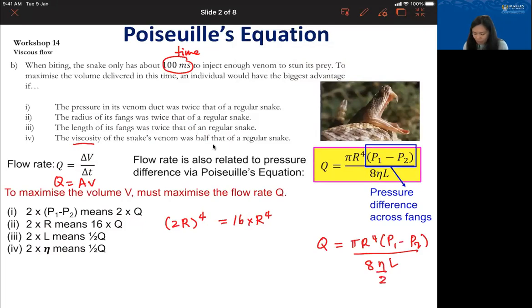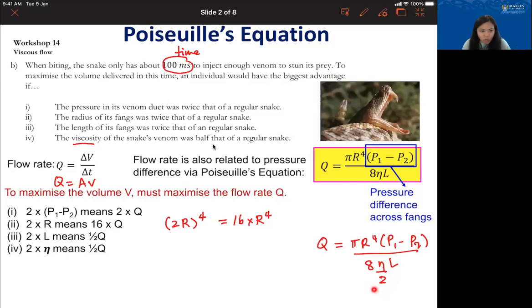So instead of, for example, having a viscosity of 2, you have a viscosity of 1. So you're dividing this whole thing by a smaller number. If you halve the viscosity, you're dividing everything on top by a smaller number, right? And therefore, smaller viscosity will give you a bigger flow rate, and a bigger flow rate will give you a bigger volume being delivered, which makes sense, because if you halve the viscosity, that means the fluid is thinner.